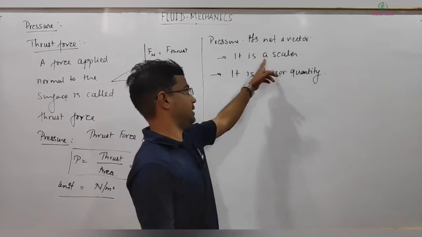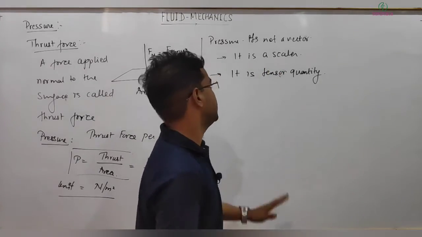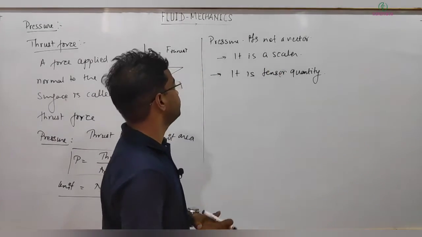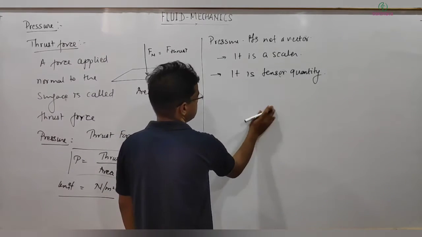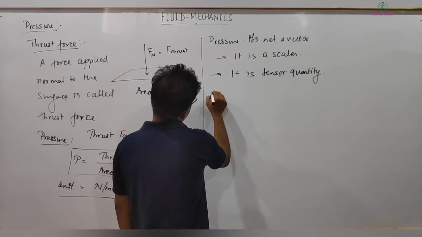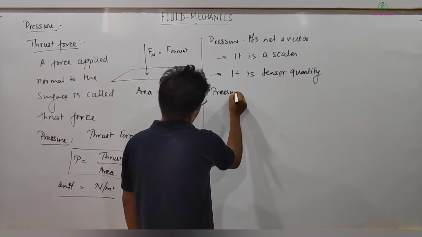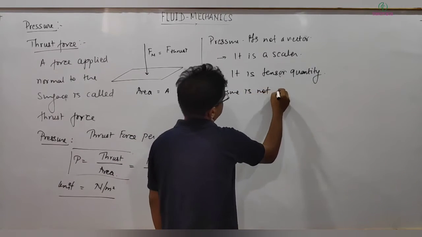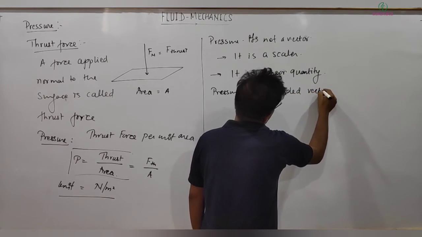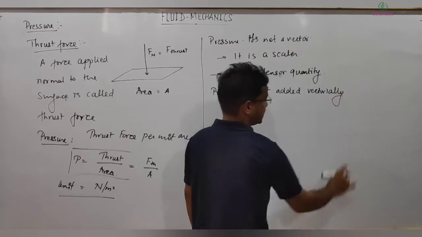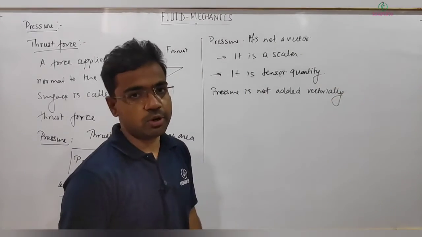You can categorize it as a scalar or tensor depending on what is exactly given to you, but it's not a vector quantity because pressure is not added vectorially. It doesn't follow the triangle and parallelogram law of addition.